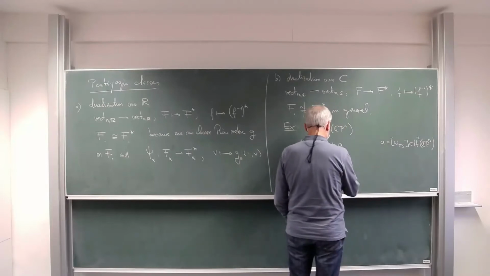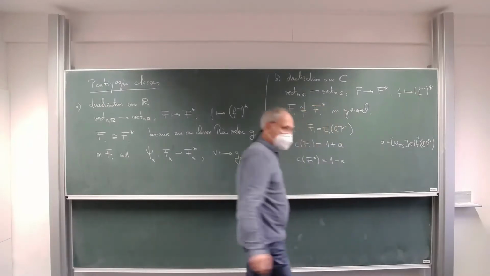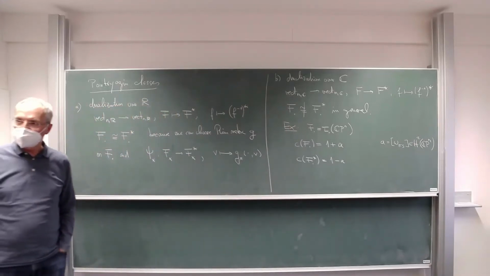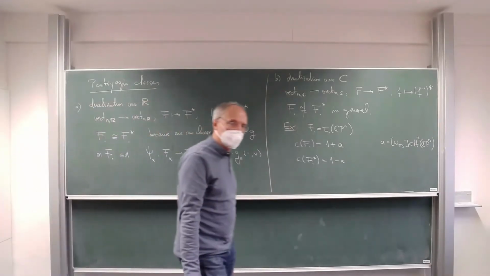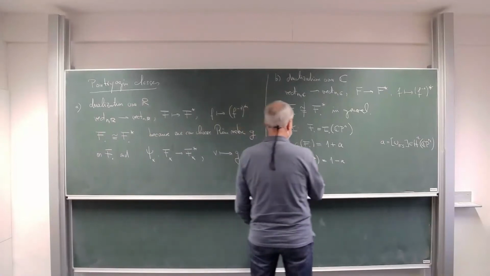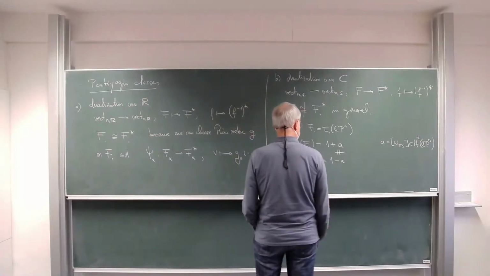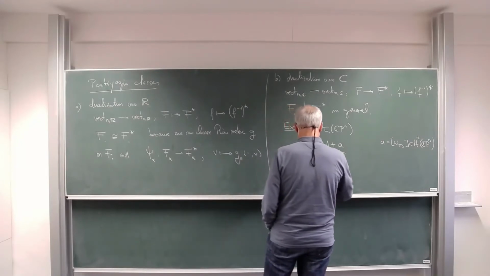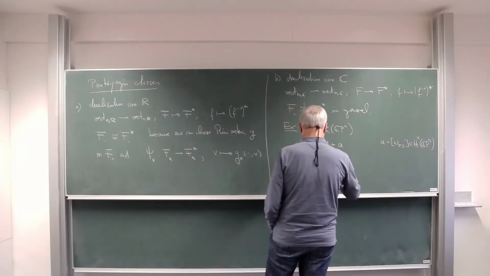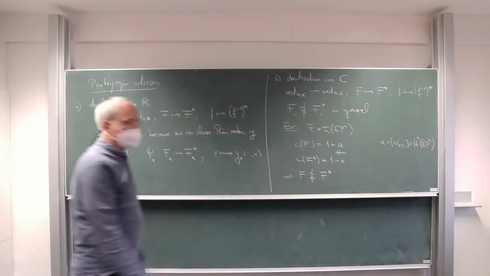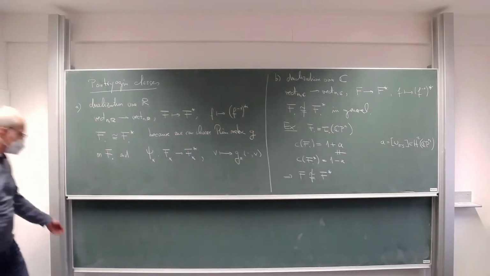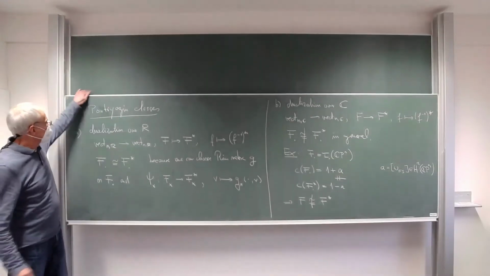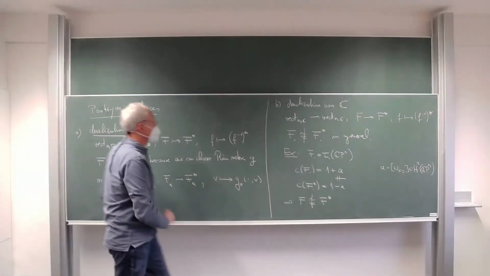So in this case, this gives me 1 minus A. And so the Chern classes of these two bundles are different, and therefore they cannot be isomorphic. So this is not equal, and therefore the bundle is not isomorphic to its dual. So we have to be careful here. Okay, so that is the second remark.